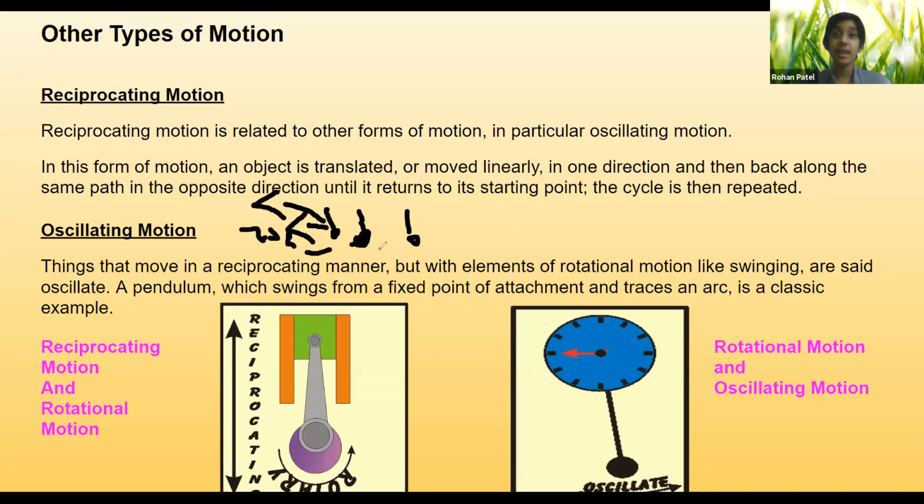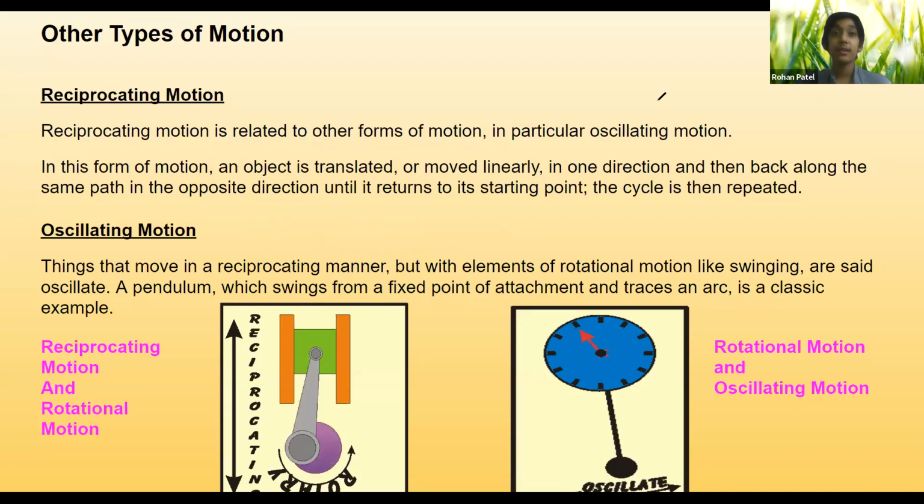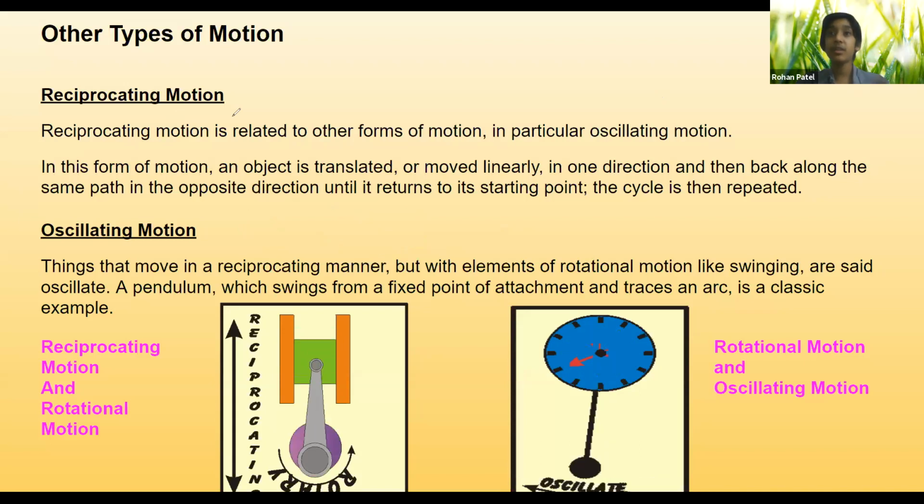But when it hits it and goes this way, it takes 4 seconds and comes back in 1 second. So it's not a periodic motion because the time intervals are not exactly the same, but it is reciprocating. It is still going in a way as a cycle.